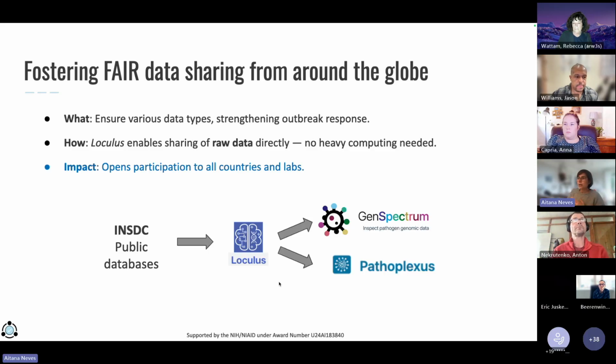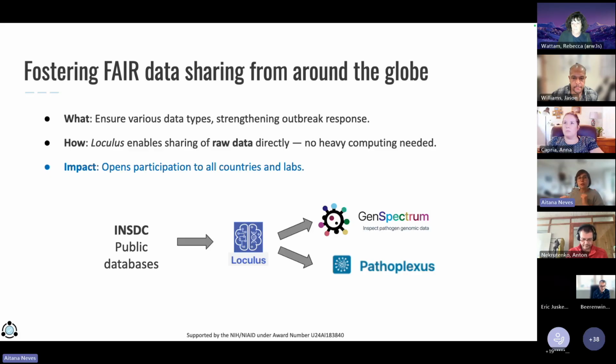By expanding the capabilities of Loculus to annotate not just viruses but also bacteria and fungi, and currently Loculus can only start from assemblies, but now the aim is to expand it to also raw data sets and wastewater data sets.